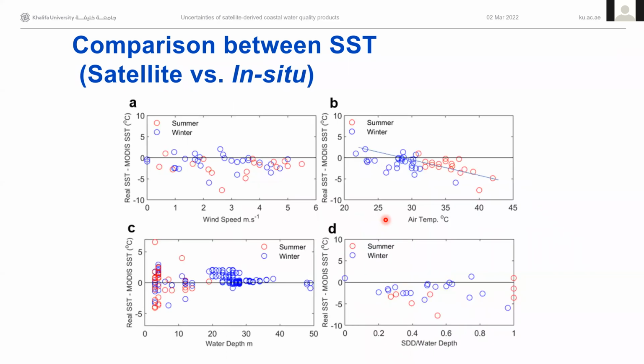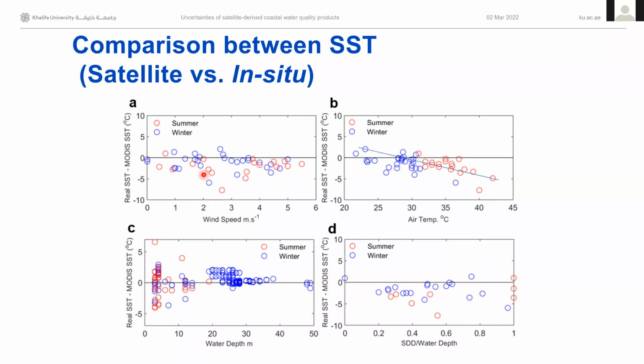So if we try to understand the biases compared to the parameters that we have collected during this sampling. For example, the bias compared with the wind speed, we see that the bias has no clear relation with the wind speed.